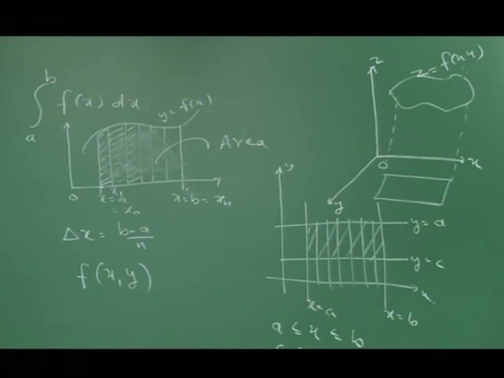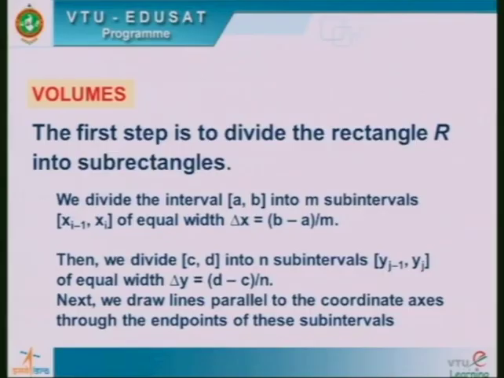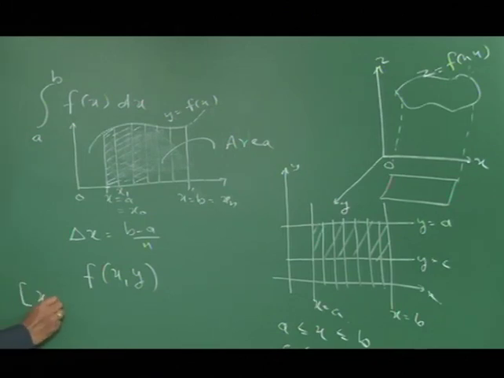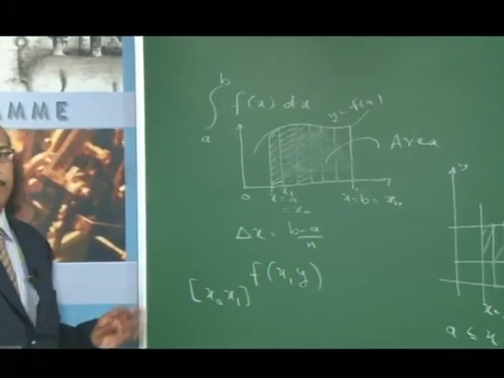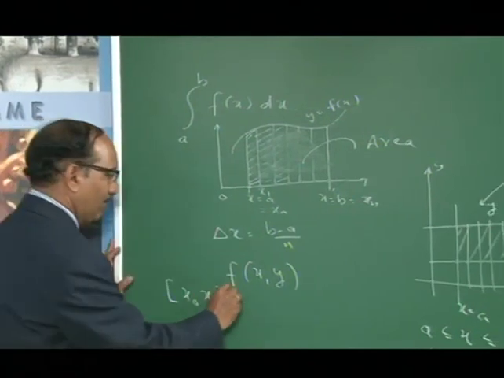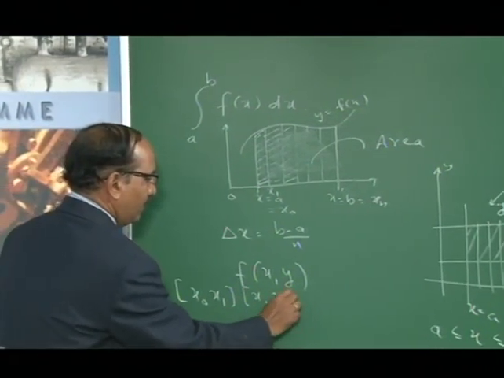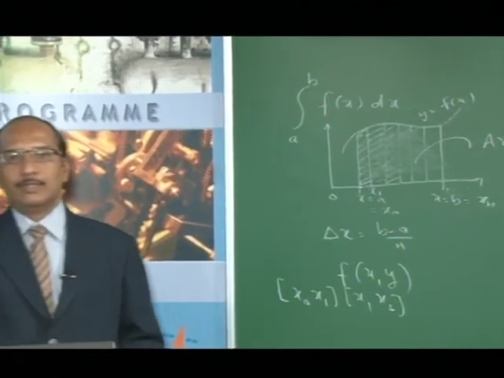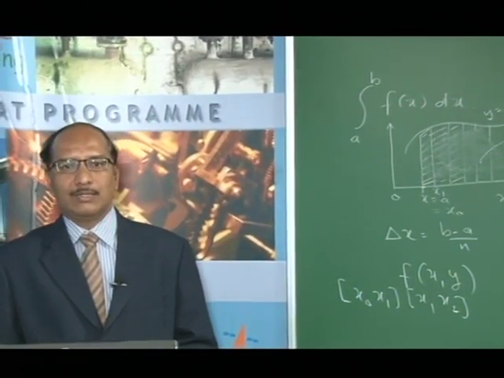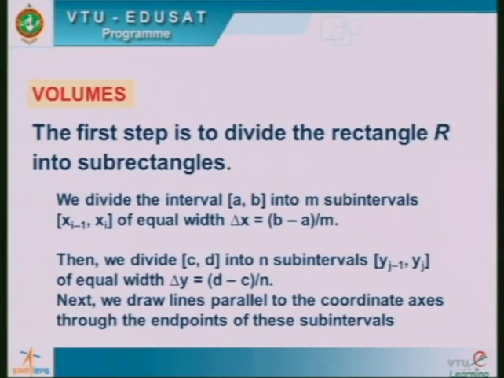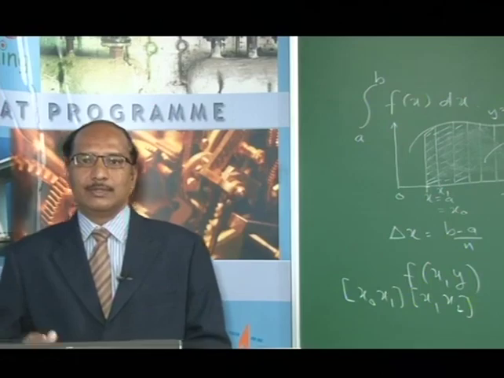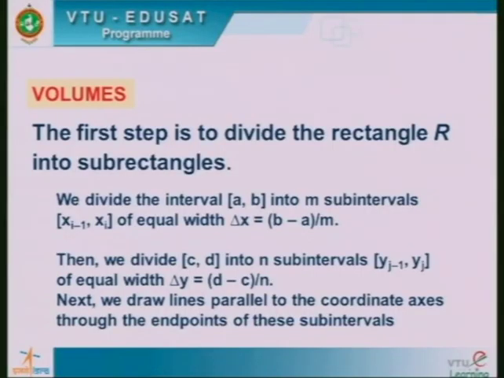For example, i equal to 1 is the interval x0 to x1, the first interval. i equal to 2 is the next interval x1 to x2, and so on. i equal to m is the last interval, x_{m-1} to x_m. Each interval has width (b minus a) upon m, because we divided into m sub-intervals. So (b minus a) upon m gives the width of each interval, that is delta x.